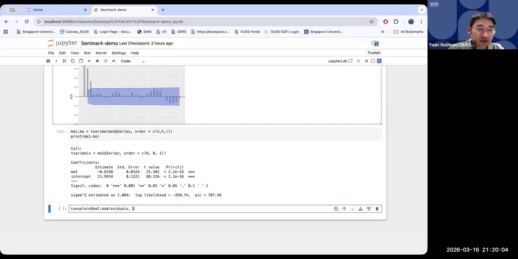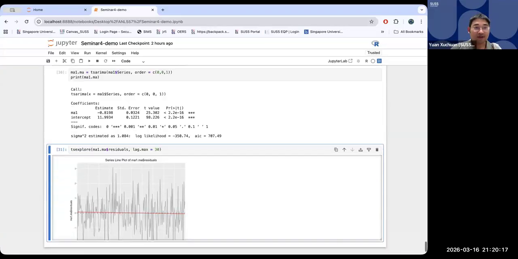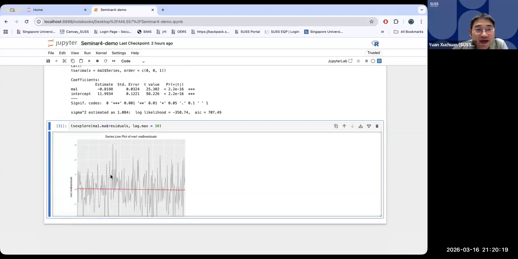Okay. And let's look at the ACF and the PACF for the residuals, okay? Maybe 20 or 30. So this is a residual, right? Line plot of your residual after fitting the MA1 model for this time series.